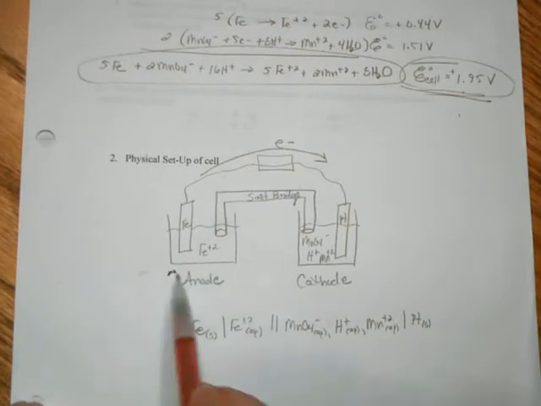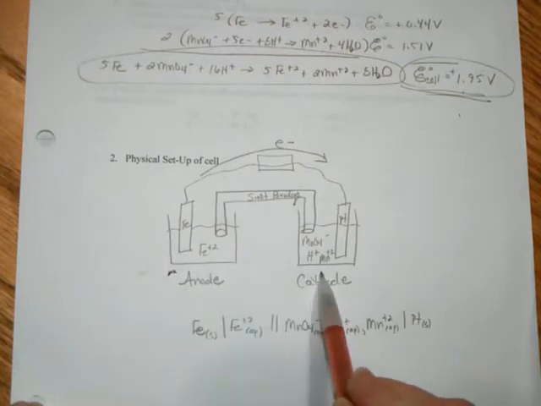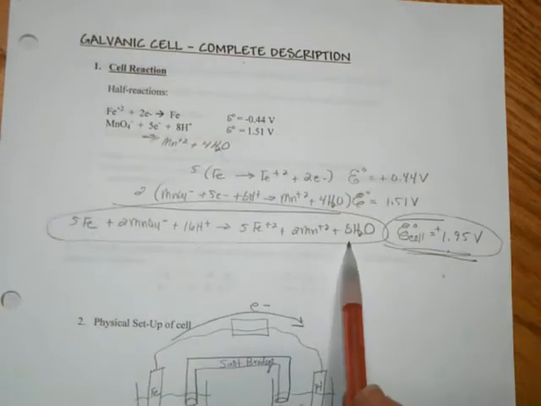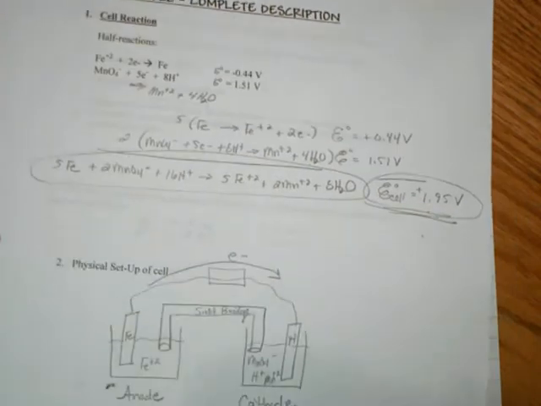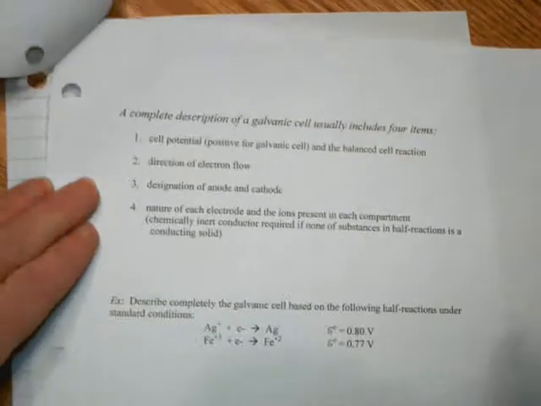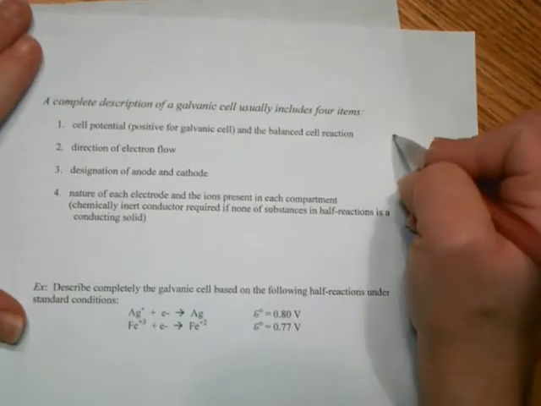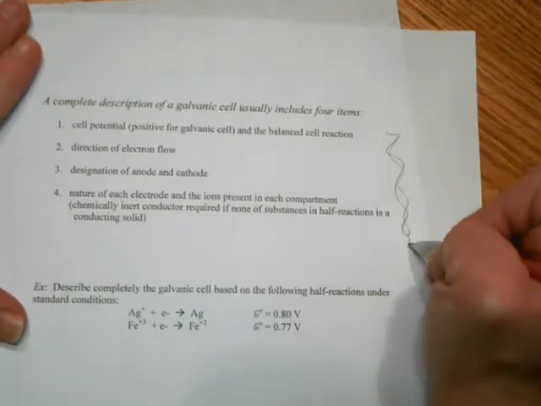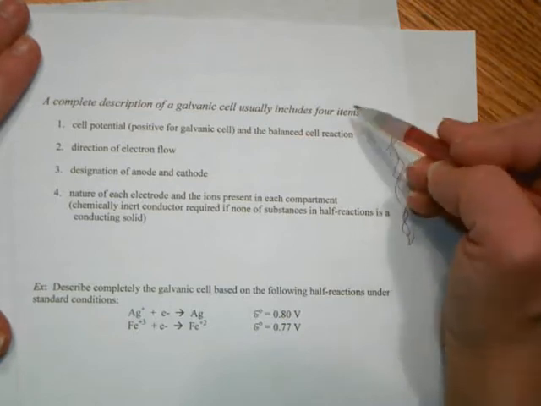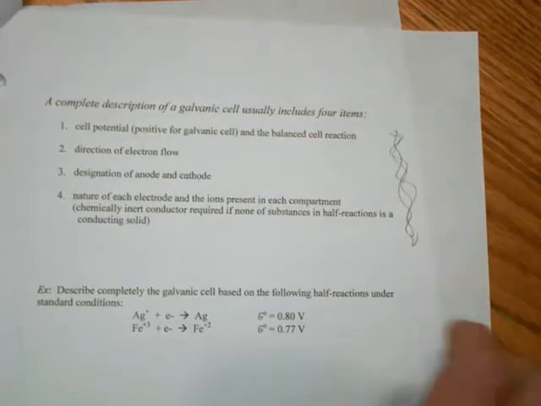Okay, so we have the line notation, we have the overall drawing of the cell, we have the balanced reaction, and then our EMF of our cell. There's another one on the second page here, but again, we are showing on the second page everything that I'm asking and that is ever asked of you in a complete description.